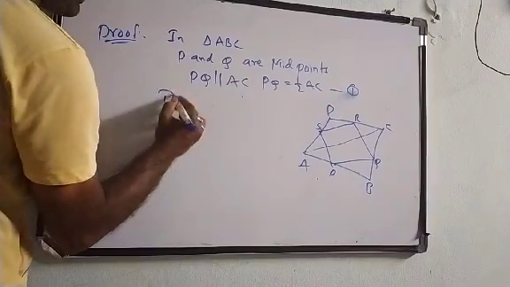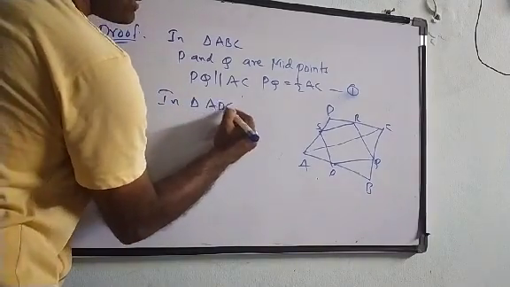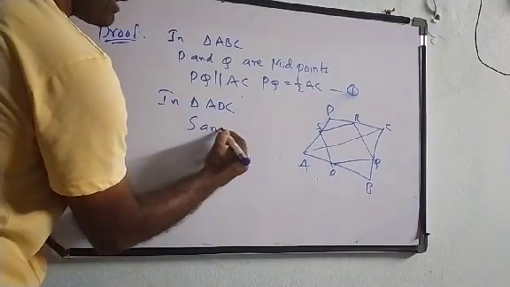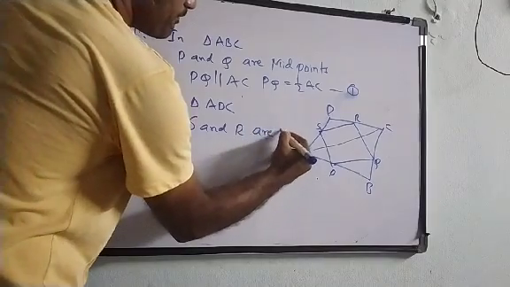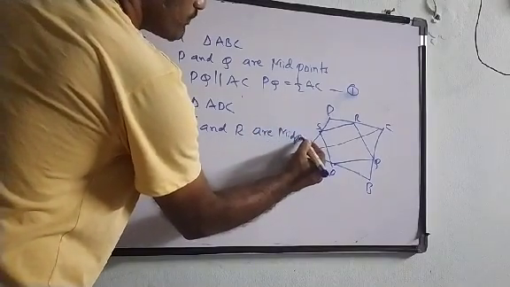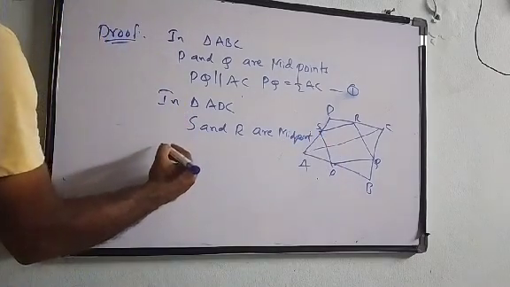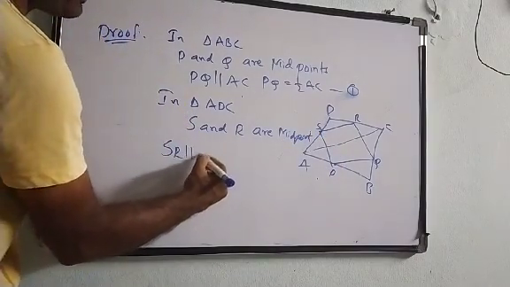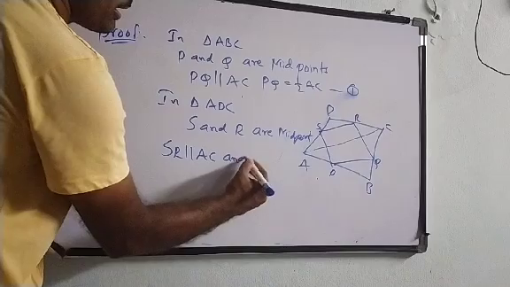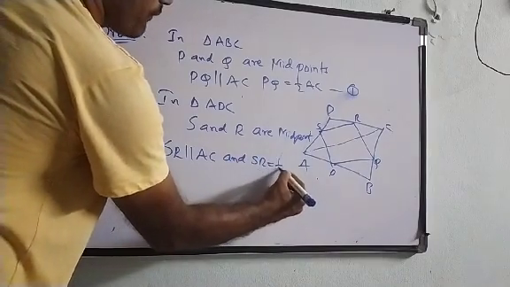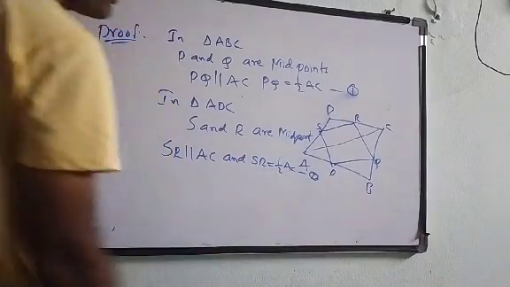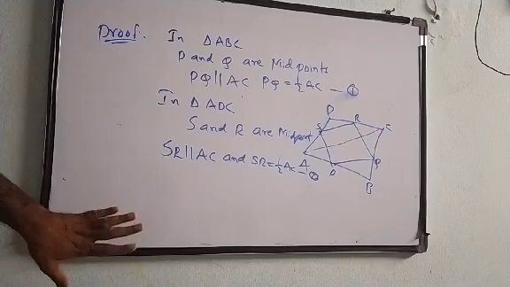Next, coming to the second triangle, in triangle ADC, S and R are the midpoints. So we can say that SR is parallel to AC and SR is half of AC. We can mark this as second.